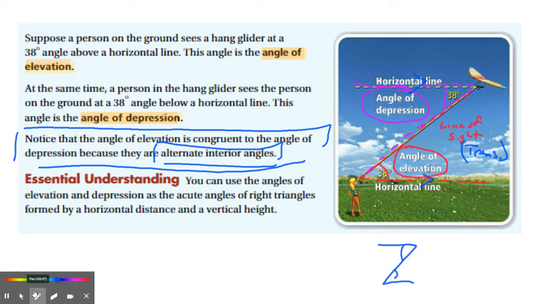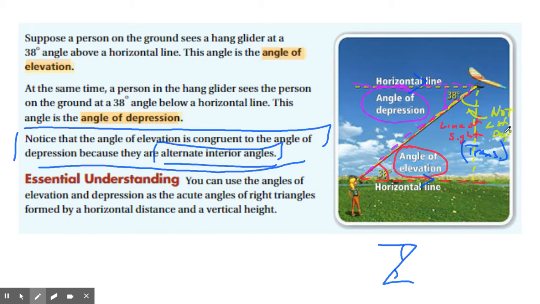Now, let me warn you. This is a warning. Many people would like to do this with the angles of depression. They like to draw a vertical from the object up and then the line of sight. And people like to call that angle the angle of depression. That angle is not the angle of depression.